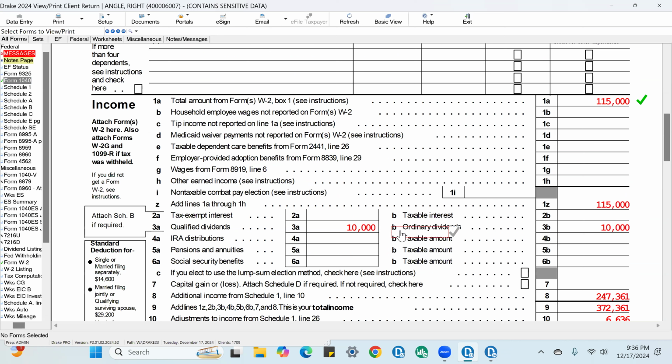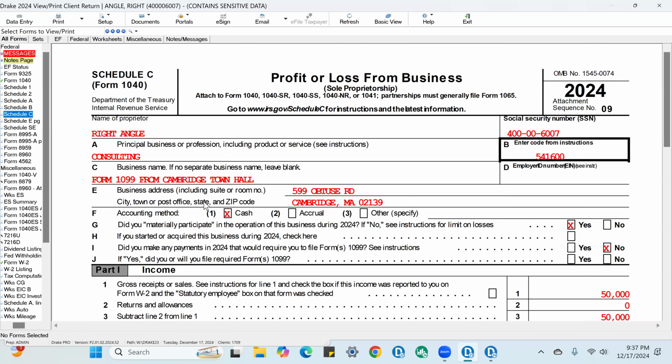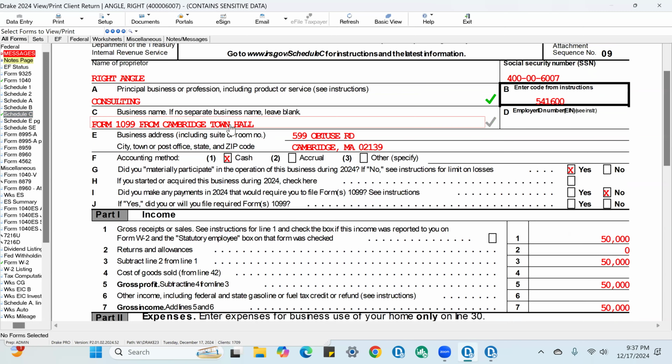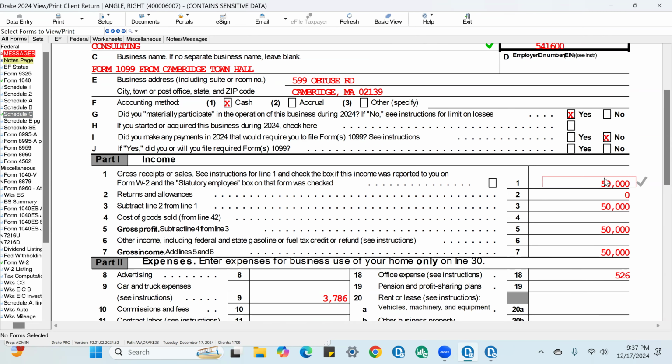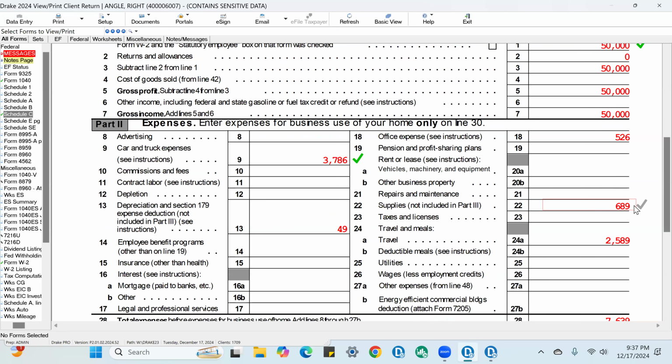And then you get a dividend, and you also get a K1. Oh, there's consulting, and this town hall gave 50K, minus all the necessary expenses.